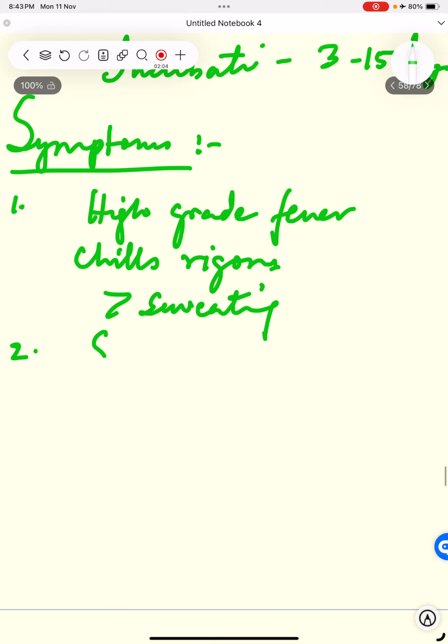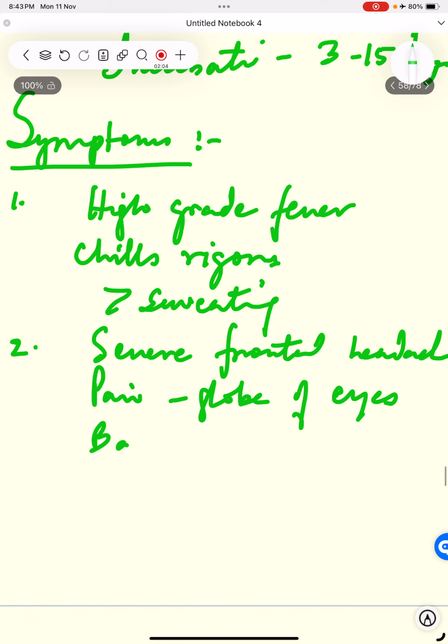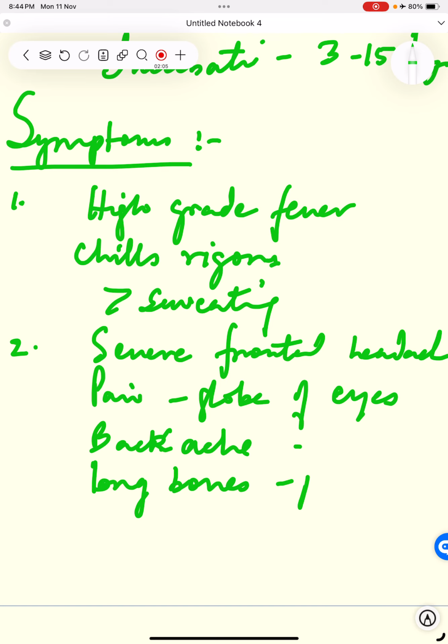The patient can also have severe frontal headache, and they can have pain in the globe of the eyes, and the patient can also have backache, and pain in the long bones. So in the limbs they can come with pains.